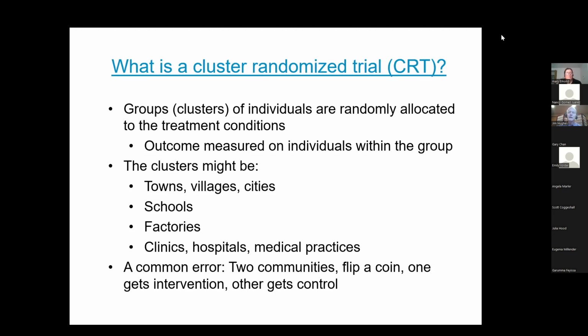But really, insofar as the analysis is concerned, the key N there is 2 because you've only got the 2 villages. You can see why that's a problem, because if there are any intrinsic differences between those villages, that would confound the treatment effect. So you have to replicate the number of villages in the intervention group and replicate the number of villages in the control group.